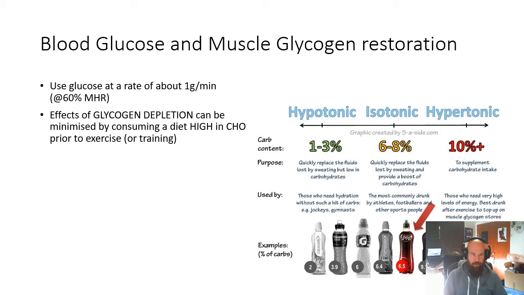So the effects of the glycogen depletion, we can minimize that. We can reduce let's say how badly they deplete by having a diet that's high in carbohydrates before exercise, before training.